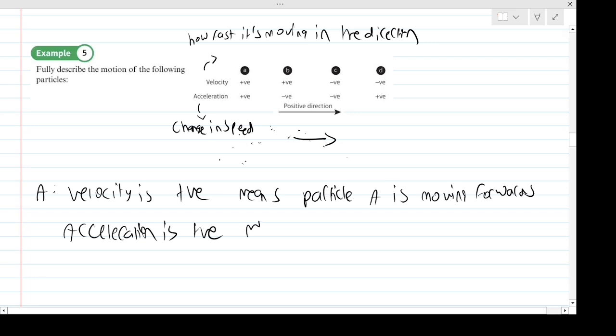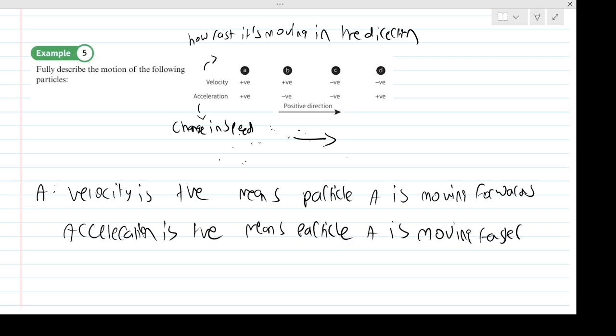Okay, so it means particle A is moving faster. So it's picking up the pace as well. Okay, so it's moving faster every hour or something like that, right? So it might move from like 30 miles per hour to 40 miles per hour or something like that, right? If you use the car example.